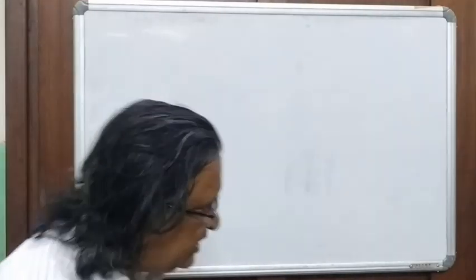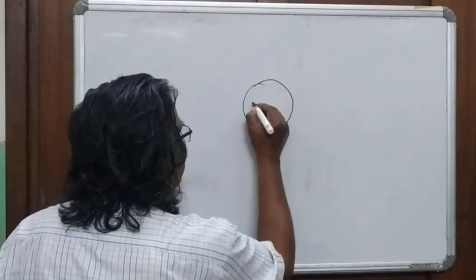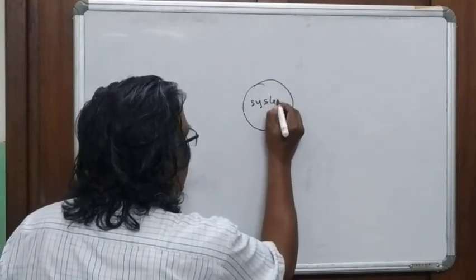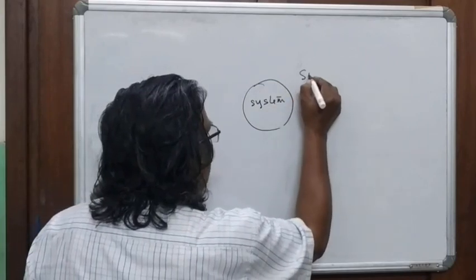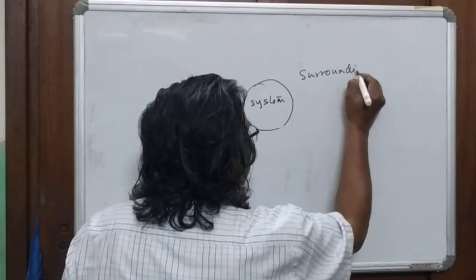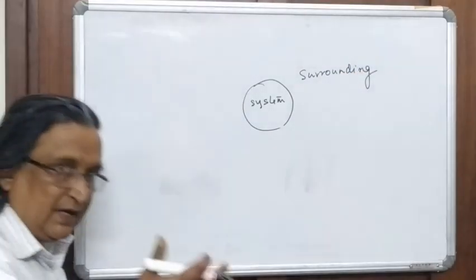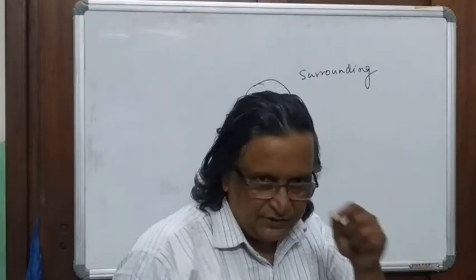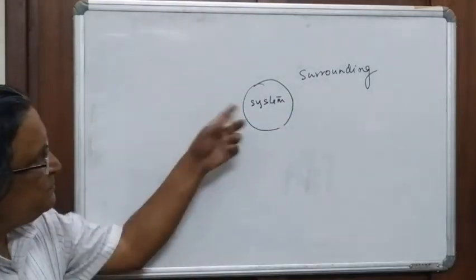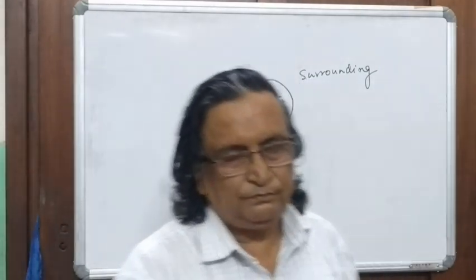So we have in a rock what is called a system, and you have something called a surrounding. These are the 2 things of chemical thermodynamics which is relevant to us. System and surrounding. Our rock is our system.